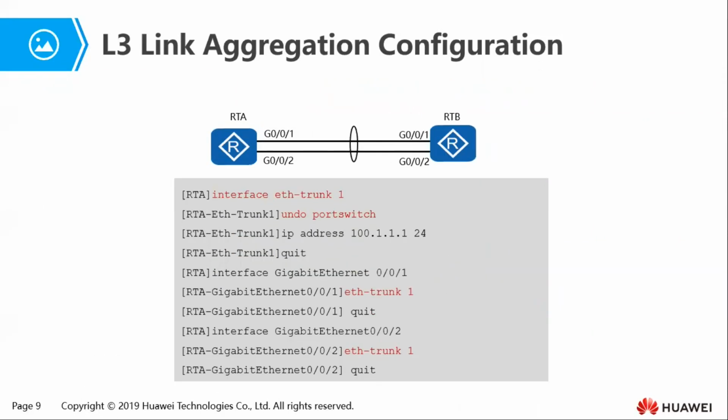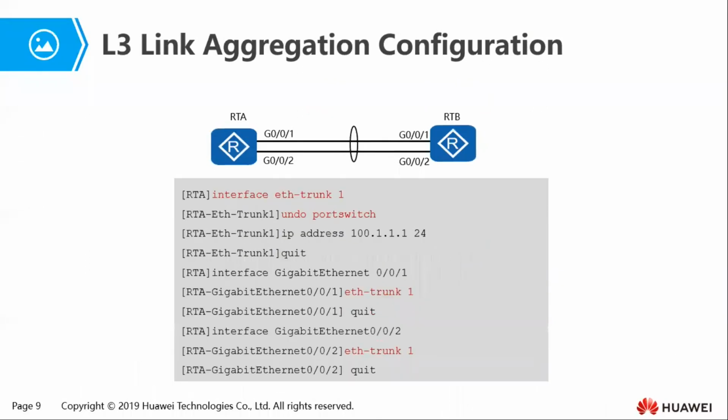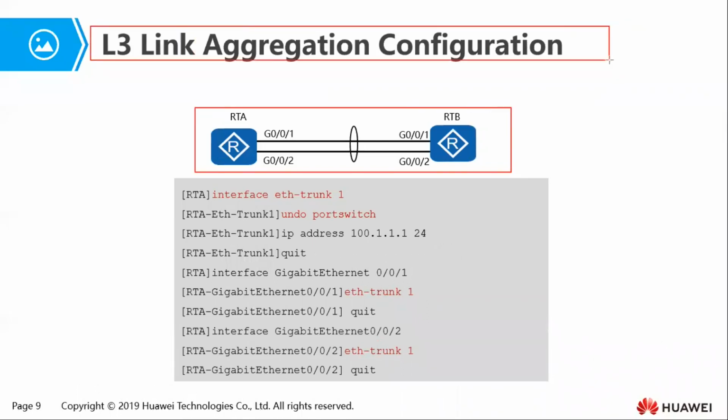So that was a layer 2 link aggregation configuration. So here we want to see layer 3. We are aggregating links between two routers. So, layer 3 link aggregation configuration. Again, we create the ETH trunk using the command interface ETH-trunk, then we give it an ID.